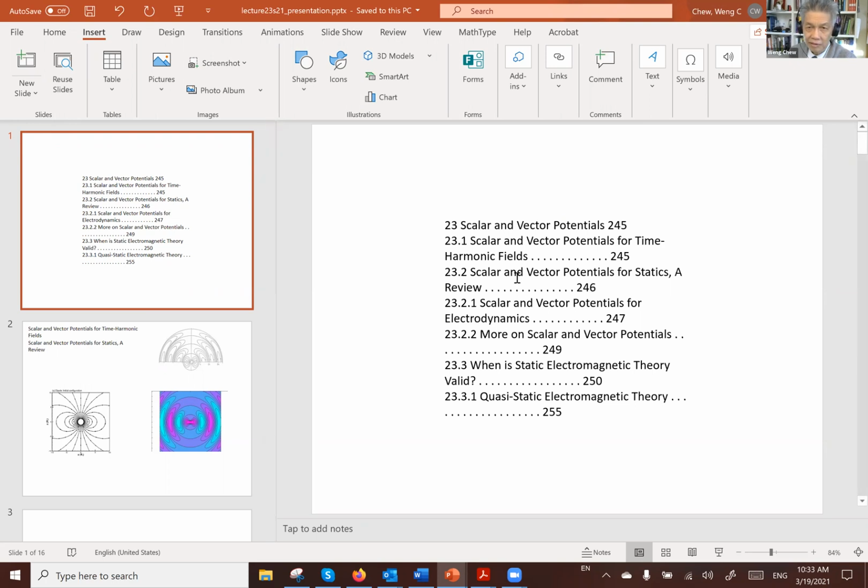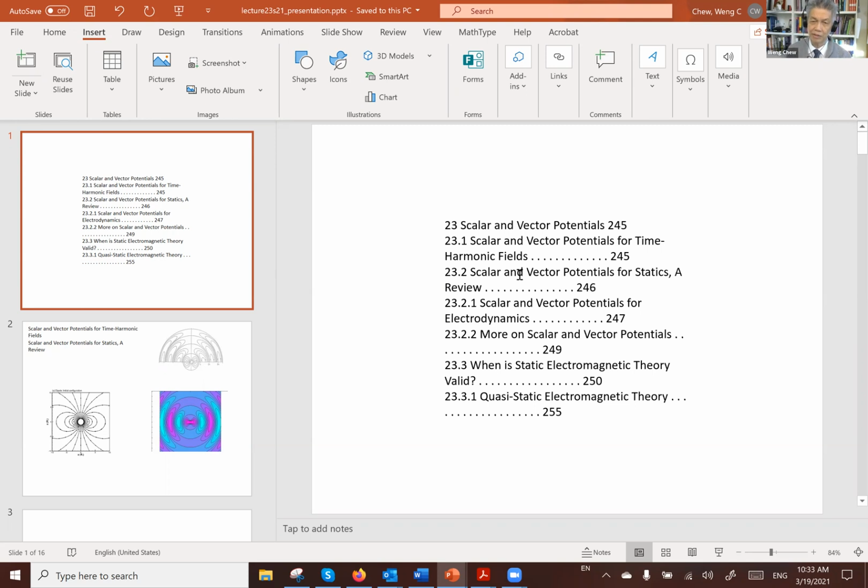We use the scalar and the vector potentials approach. We first start out with studying the case for statics, which you have done before, and then we convert our old knowledge to new knowledge for electrodynamics, and see how the scalar and vector potentials can be used.